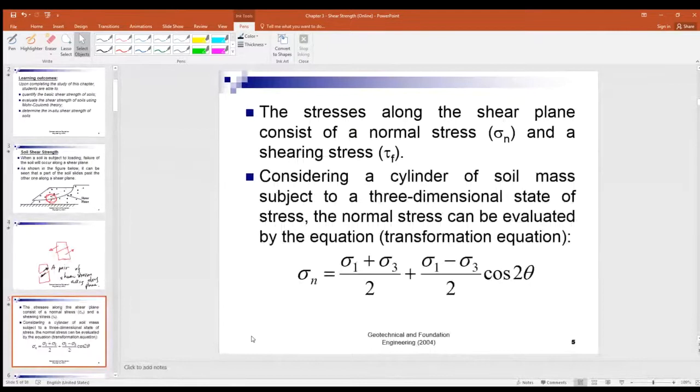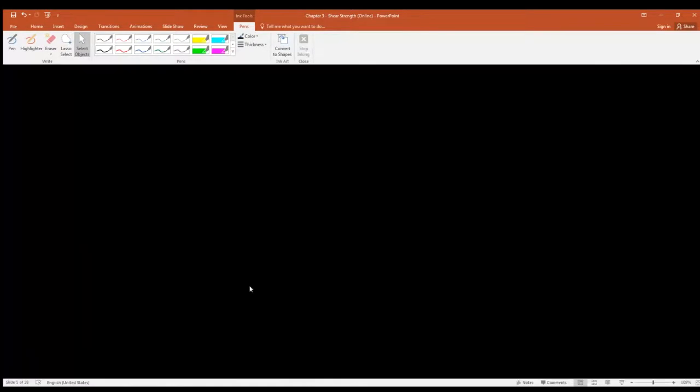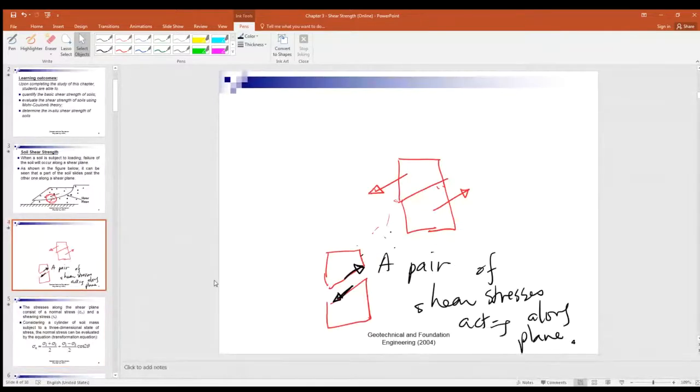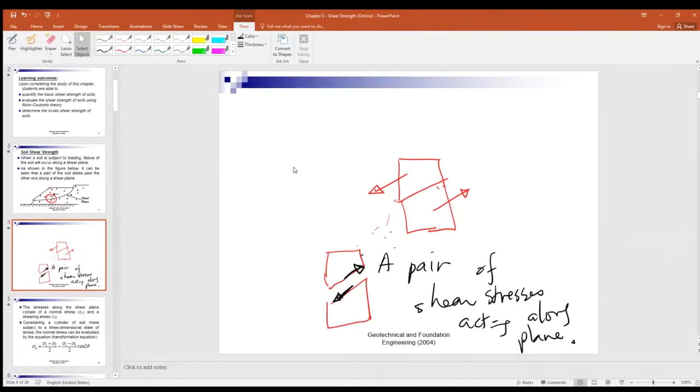Now, the stresses acting along a shear plane always consist of a normal stress and a shear stress. So if you go back to that slide, consider here a soil element.